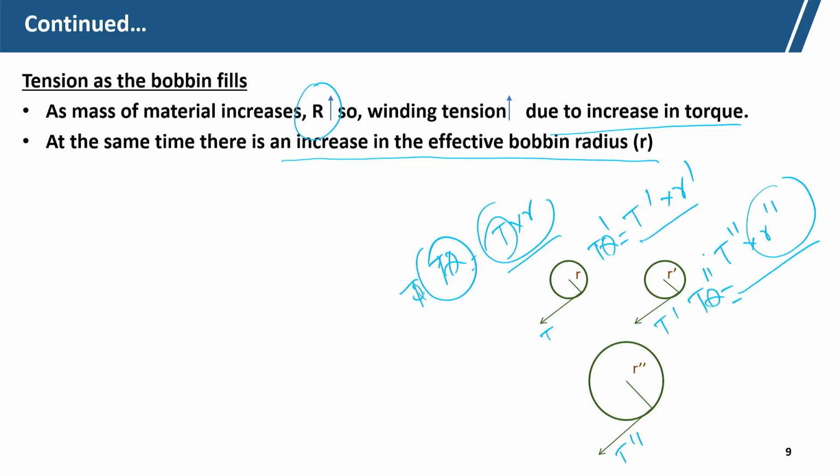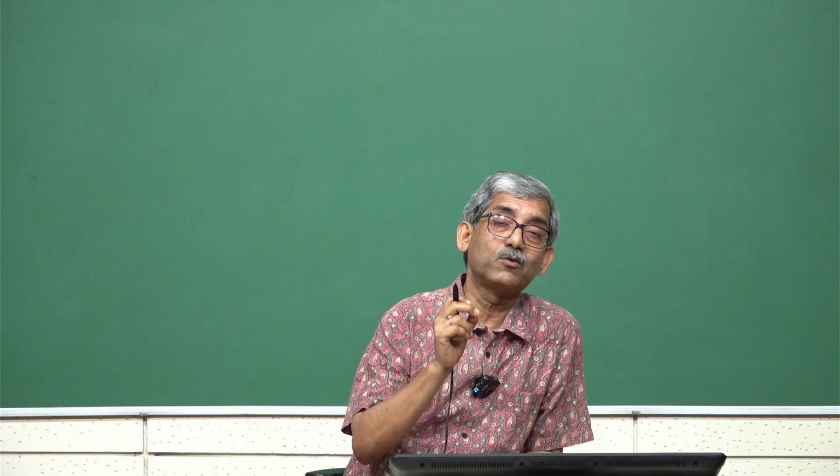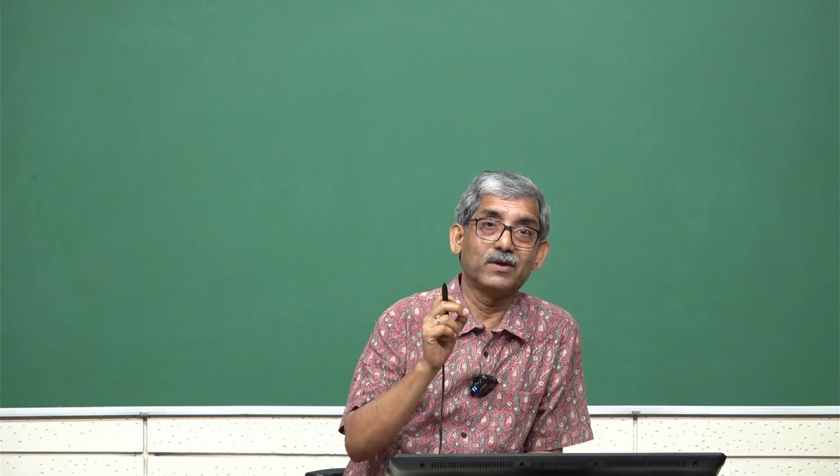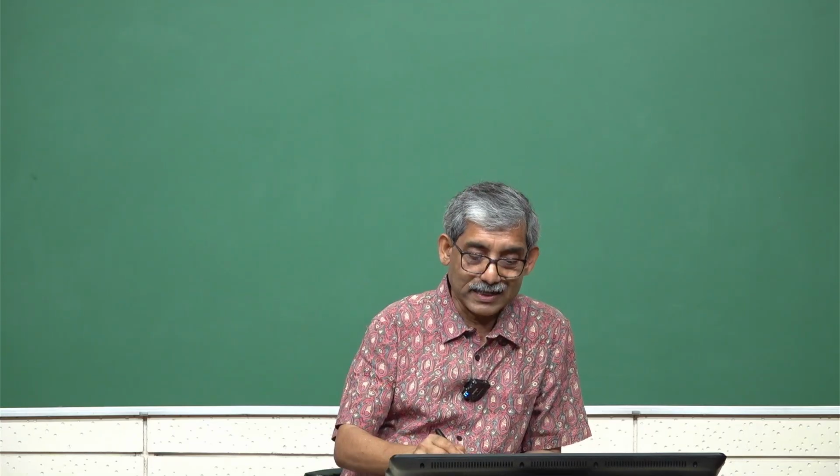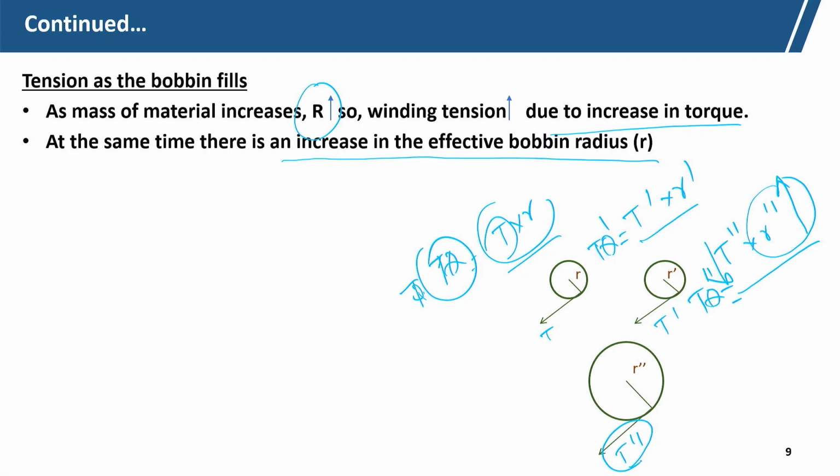If we consider the same torque, in that case we will see as the R increases, T has to reduce. So, that means the effective radius of the bobbin is used to calculate the torque. So, as the effective radius increases, the effective tension will reduce.